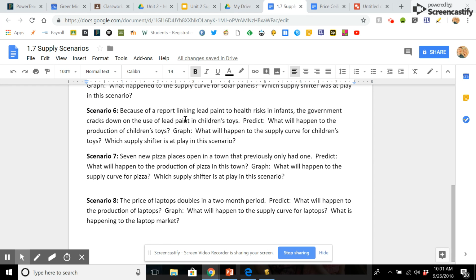All right, scenario 6, because of a report linking lead paint to health risk in infants, the government cracks down on the use of lead paint in children's toys. So this is not how people feel about the lead paint. This is what the government is doing. The government is saying you can't use lead paint anymore. What will happen to the supply curve for children's toys?